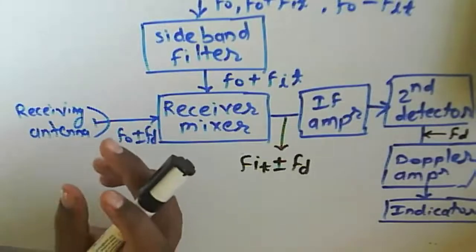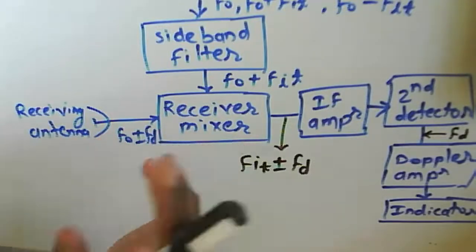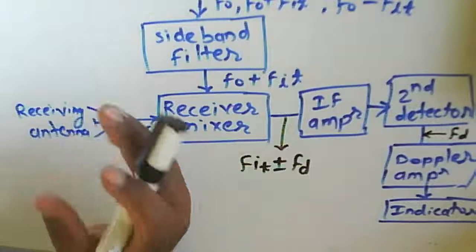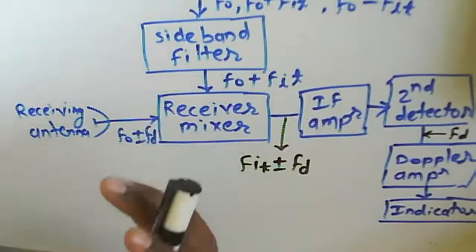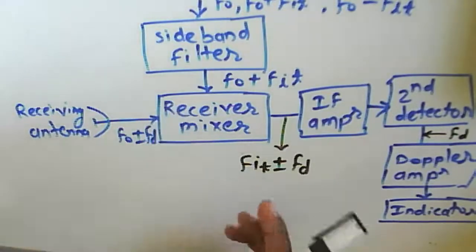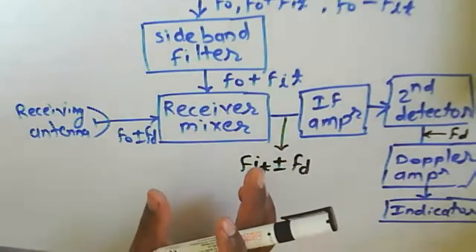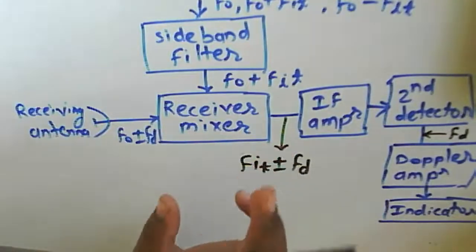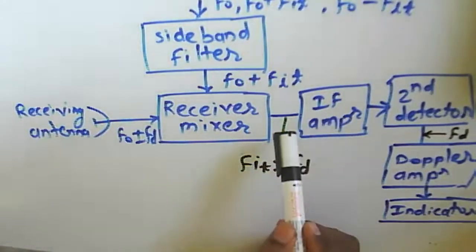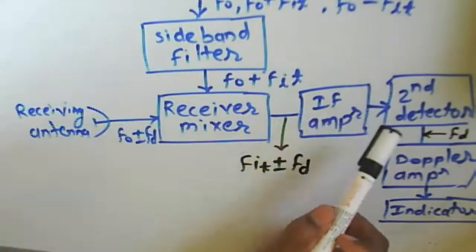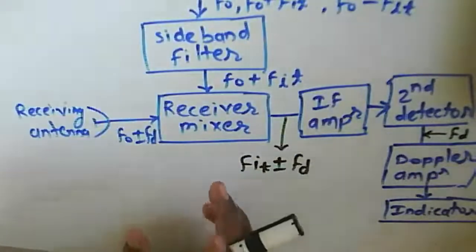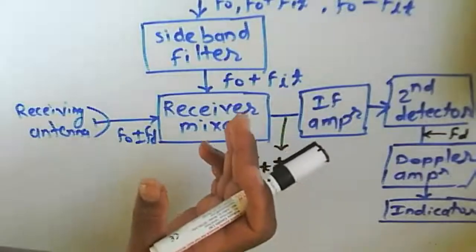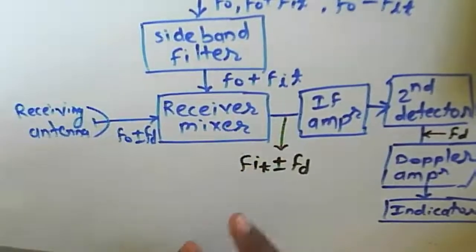How to identify a plus sign and a minus sign? To identify that, we are supposed to use a sideband superheterodyne receiver. So that's why we have a second detector, so that we get exactly the f_D, whether it will be plus f_D or minus f_D.